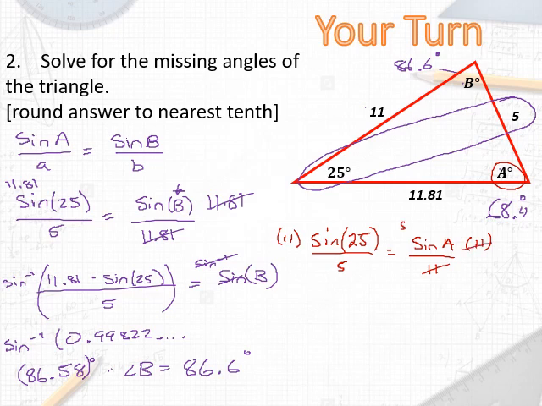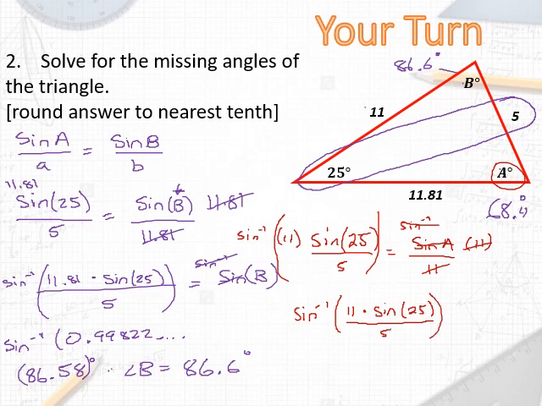And then we do sine inverse of all of it. So we're going to get sine inverse of 11 times sine 25 all over 5 is going to be equal to angle A.